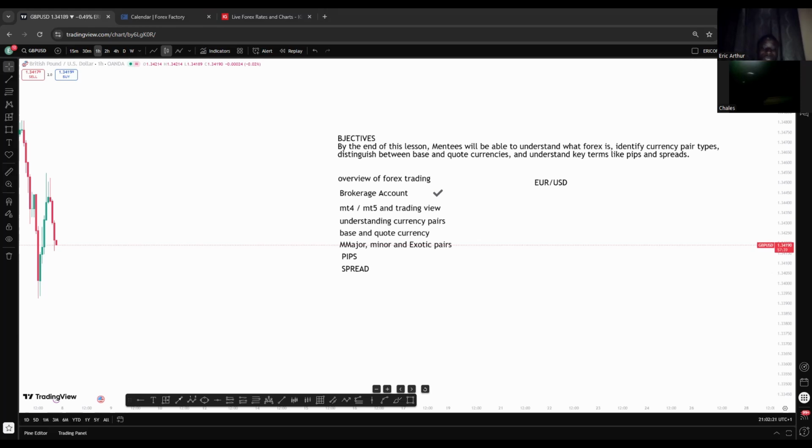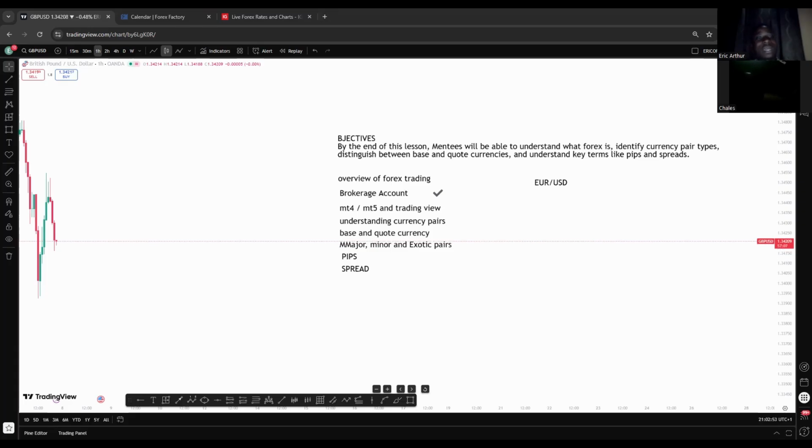So what I'm going to say is that a broker is a company that acts as an intermediary facilitating transactions between the buyer and the seller. They're essentially the middleman handling the details of dealing for a fee.